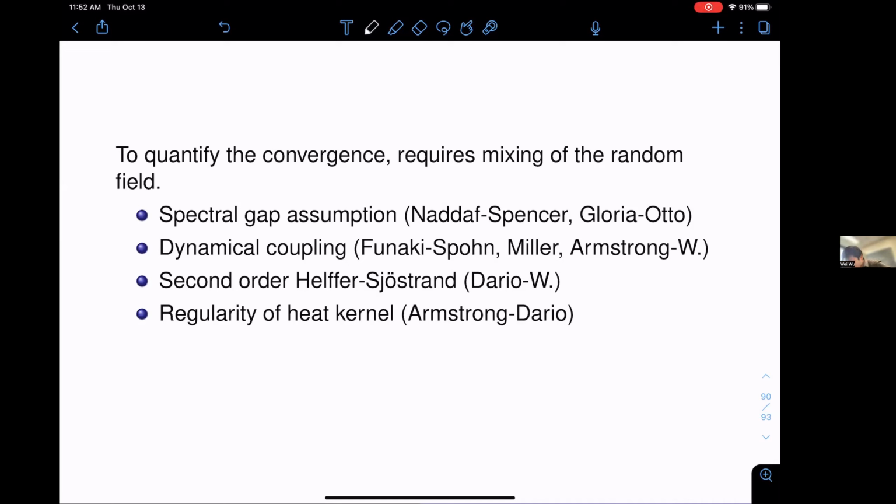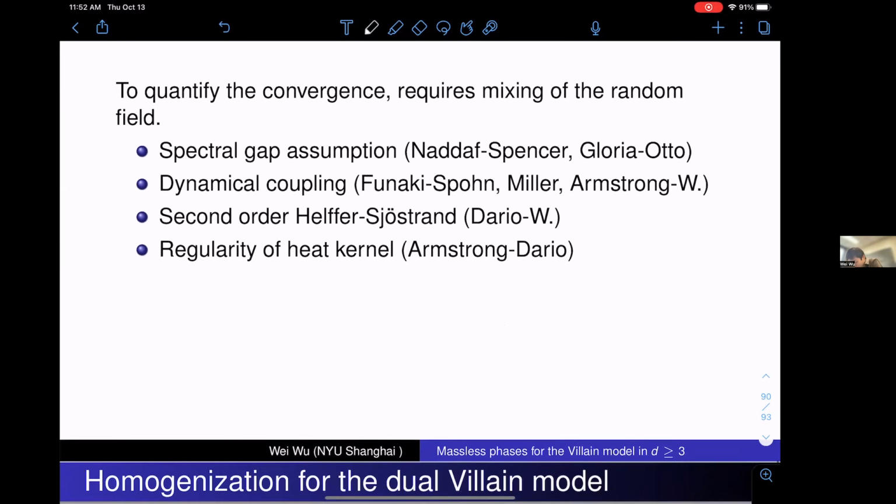And also there are some other approaches that you can do. For example, you want to understand the parabolic problem of random walk in random environment and try to prove regularity of the heat kernel. So there are a few ways that you can try to get the mixing condition and obtain a rate of convergence.